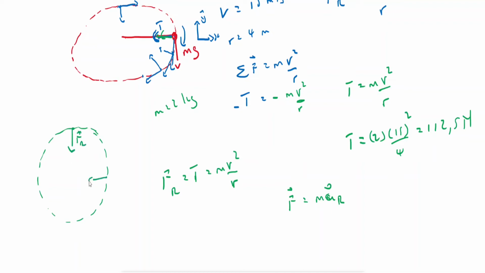Here a is going that way, which means that Fr is going that way. Whatever the direction of the acceleration, that's the direction of Fr. It's always pointing towards the center. So this is just me introducing concepts, sometimes with examples as well, so that you get an idea of how this is going to work.